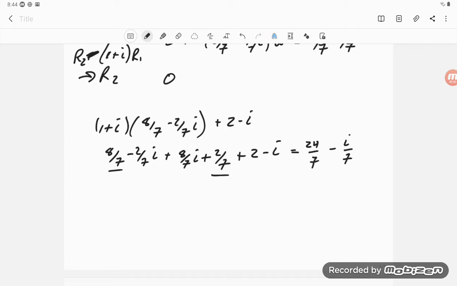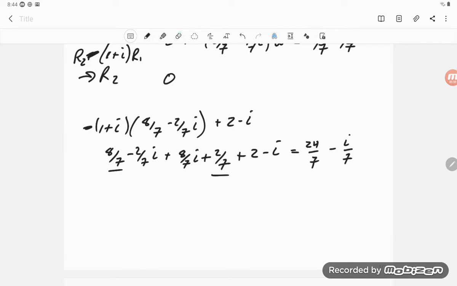Let's see. Actually, I don't know that I have that one. Oh, yeah, okay. So I knew something looked wrong. I forgot my negative. Okay, so that'll be a negative on that.